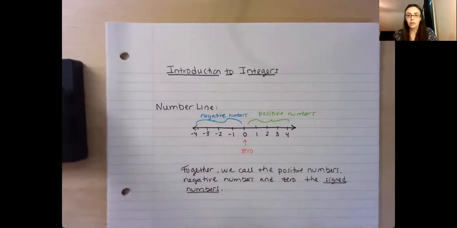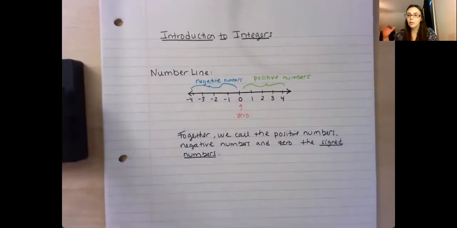So sometimes you'll just hear us refer to them as the signed numbers, and these could be positives or negatives. It doesn't happen to be one sign or the other. We do include 0 in there too, although 0 is neither positive nor negative.